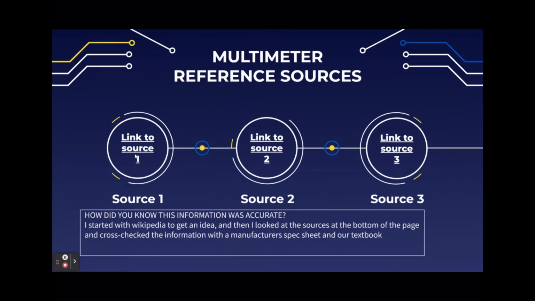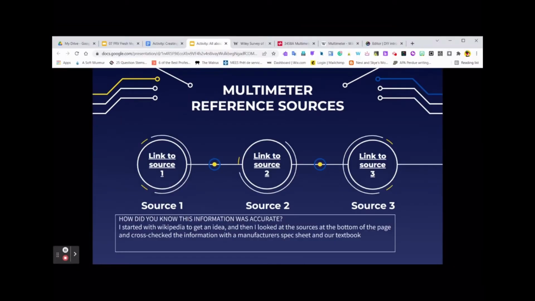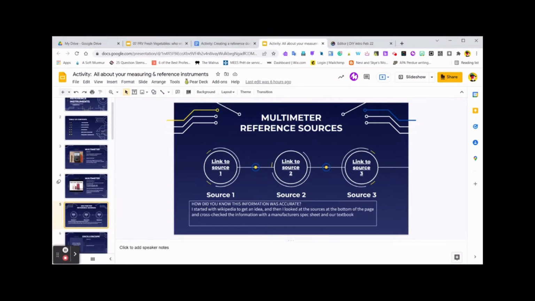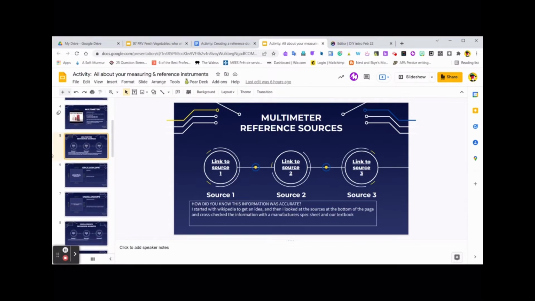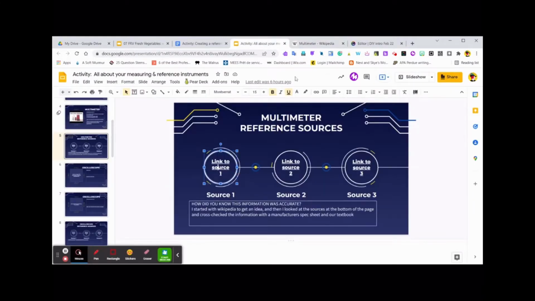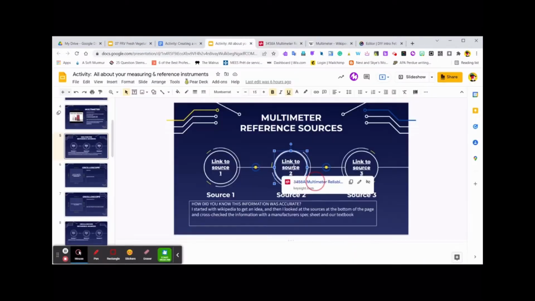The student is going to start by going to Wikipedia most likely, but then the student needs to be guided to look at the sources in Wikipedia and cross-reference those sources to make sure the information is correct. For example, here you can see that link 1 goes to the Wikipedia page, but link 2 opens a manufacturer's guide on how to use the tool, a PDF, and link 3 accesses a textbook.